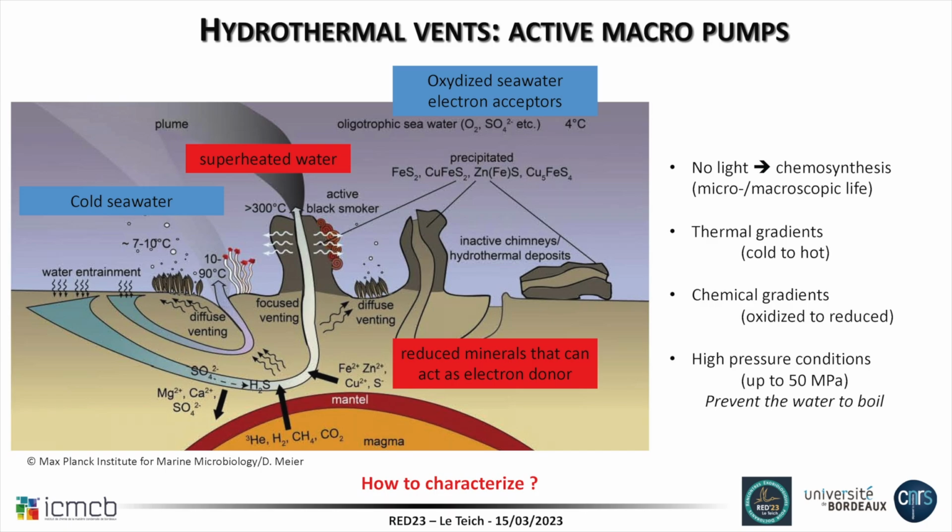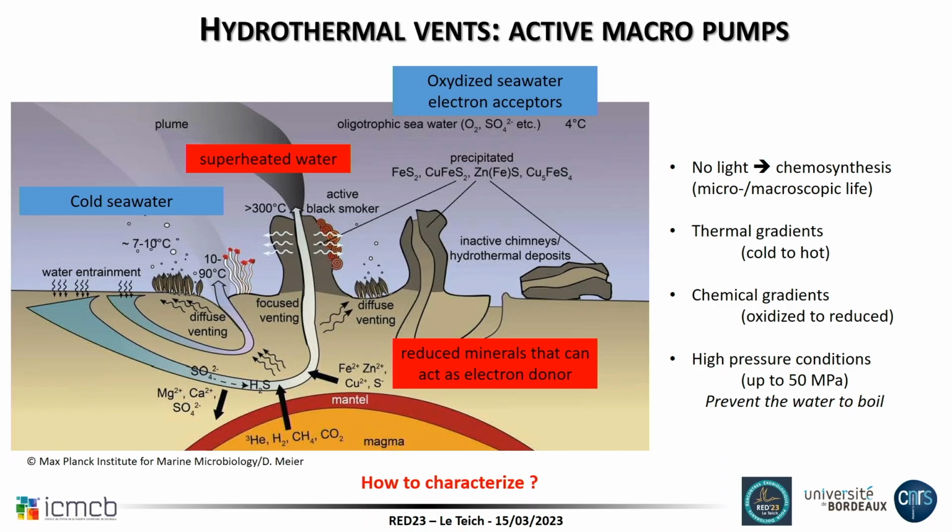The water is under high pressure, and then it flows back to the seafloor, with precipitation, like I said. So the fluid can be sub or supercritical, between 300 and 500 Celsius degrees sometimes.